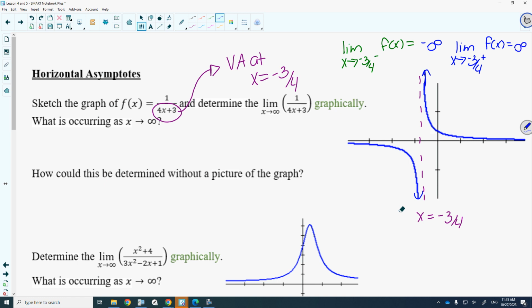And this graph also has a horizontal asymptote. Here are the two ways that we could do horizontal asymptotes. From 30-1, we looked at the degrees. The degree of the top is 0. The degree of the bottom is 1. Top degree is less than bottom degree.